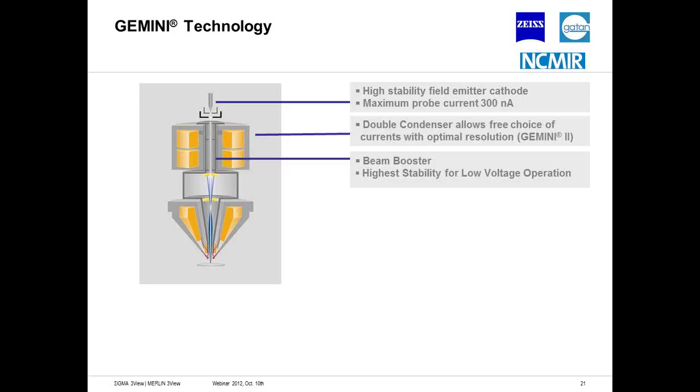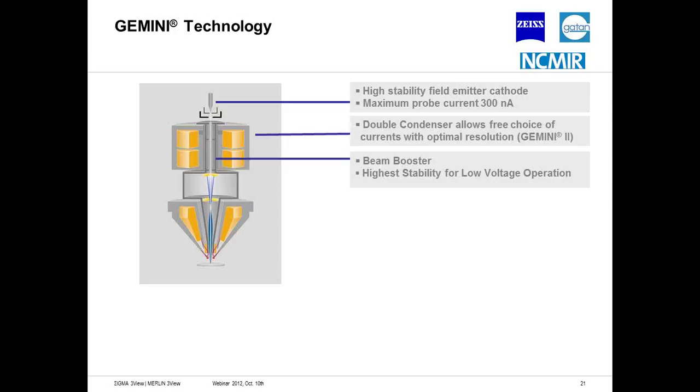And in that GEMINI design, the beam booster provides a very high stability by putting the whole column onto an 8 kV level. That means even if you are using very low kV as a probe current at the end of the sample, inside the column the electrons have 8 kV or more.